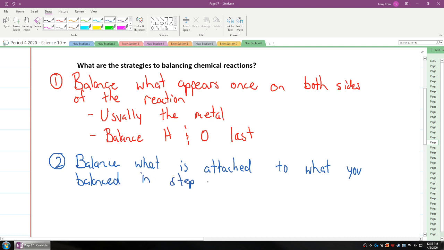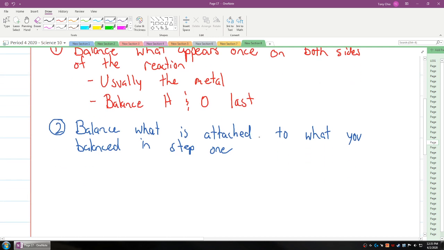So, if for example you just balanced sodium in step 1 and there's a chlorine attached to the sodium, such as sodium chloride, then you want to balance the chlorine next.